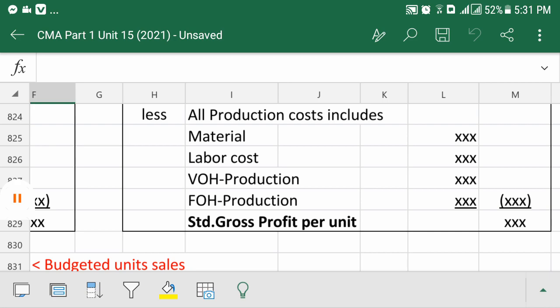So for plastic, the actual price is 6. You will multiply with the actual price for each product. Then 260 and 260 multiplied with the standard price.